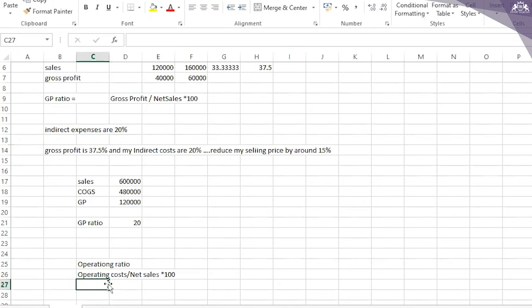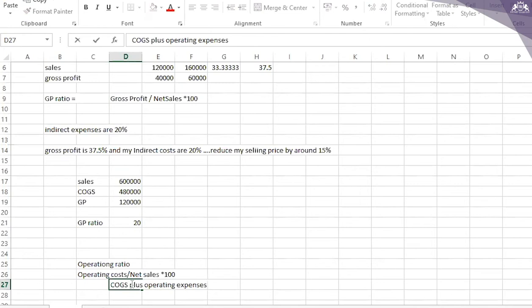So it is operating cost divided by net sales into 100. And what is operating cost? It is cost of goods sold, that is direct cost, plus operating expenses.